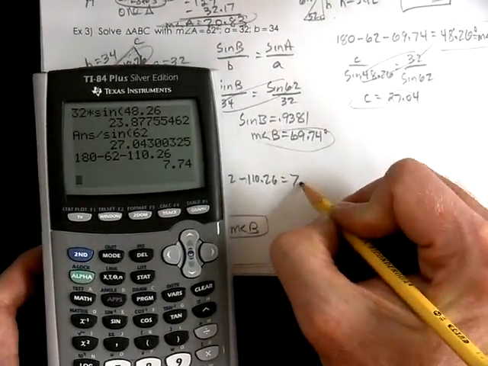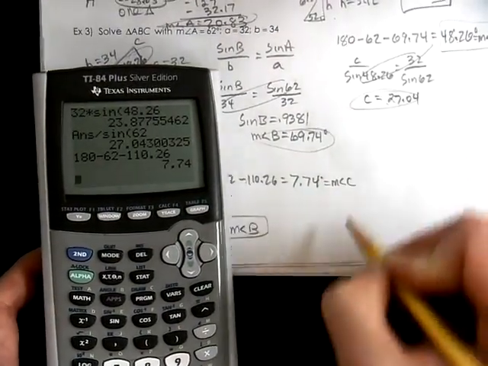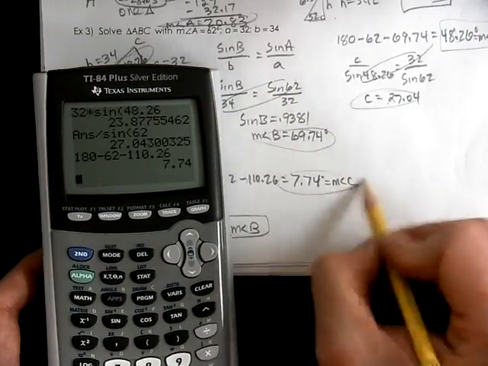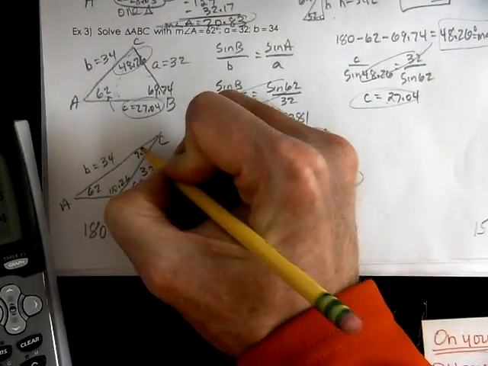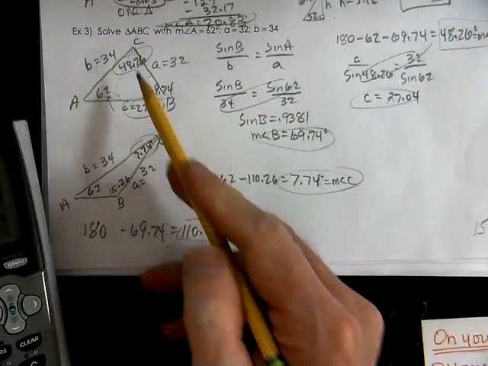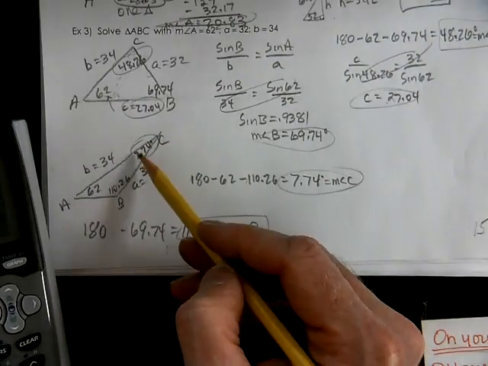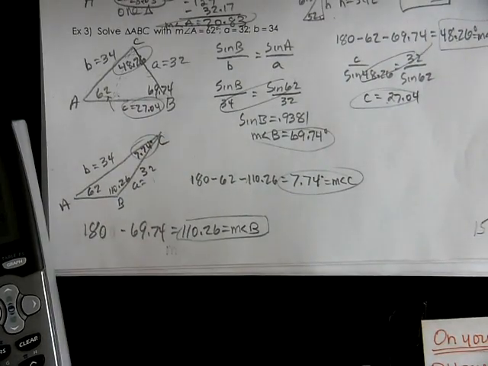And that gives us a nice small angle of 7.7. And because this is obtuse, this swung inside and it made that angle really small. And that's why it's only 7.7.